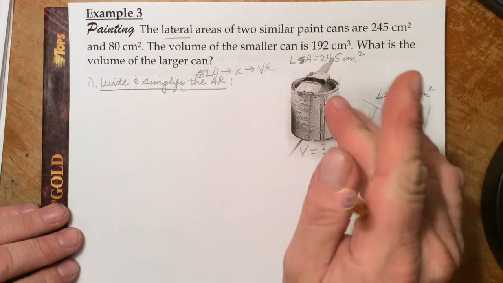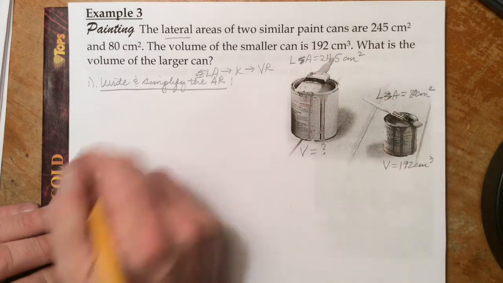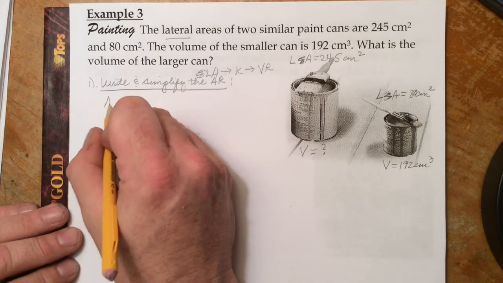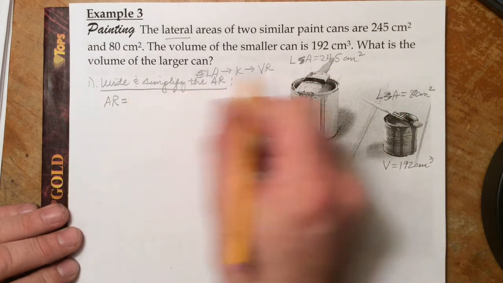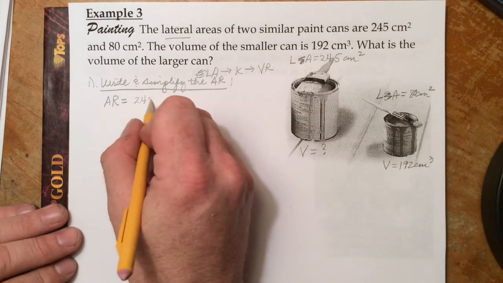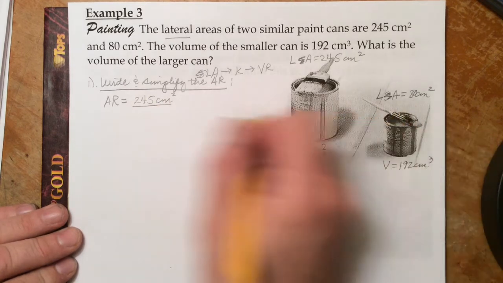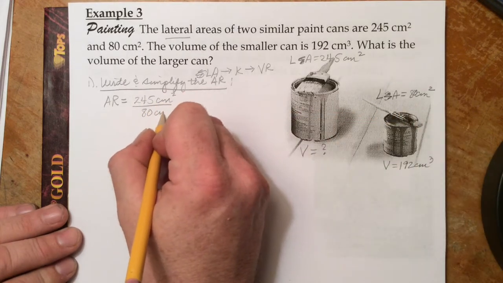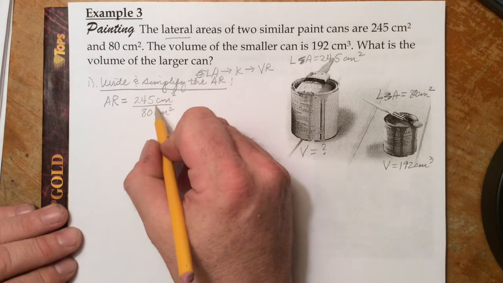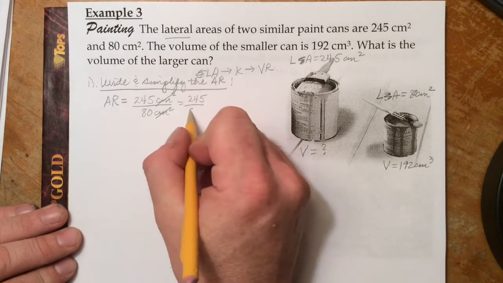So whether we write it one way or the other doesn't matter. So I'll just start with the larger one. For our area ratio, since that's what we're given in both, it's 245 square centimeters to the lateral area of this one, 80 square centimeters. The square centimeters divide out and we get 245 to 80.